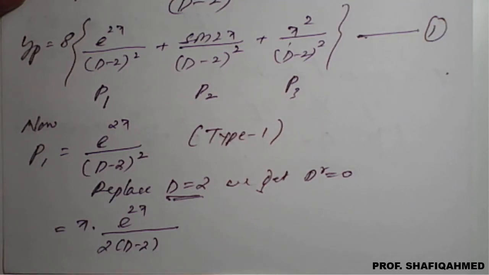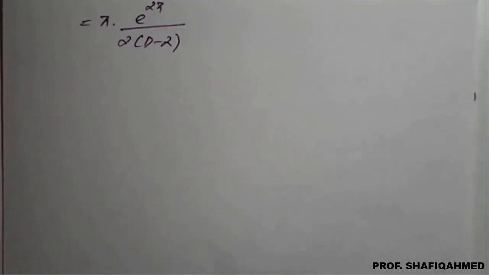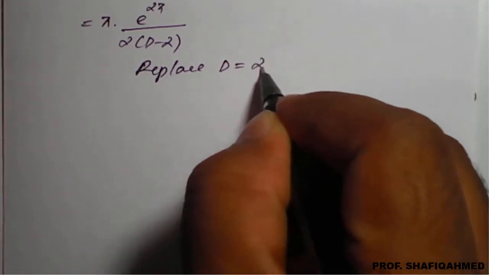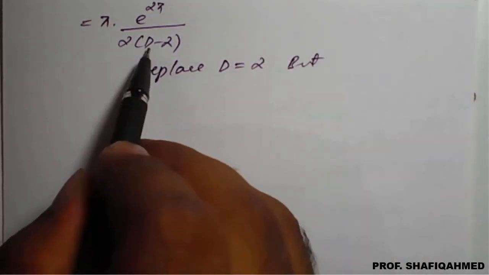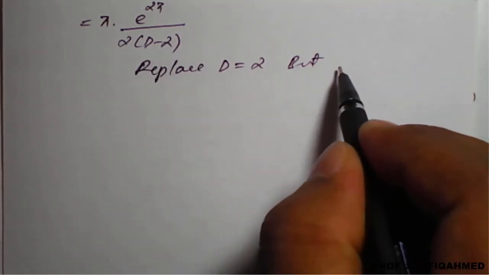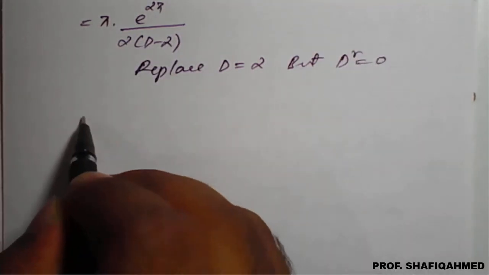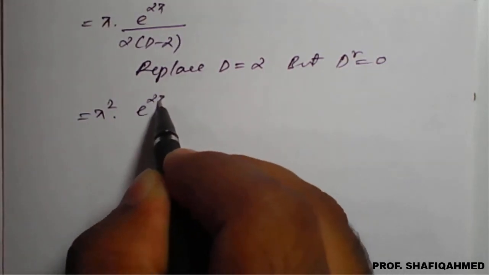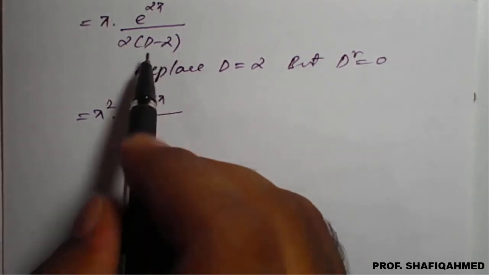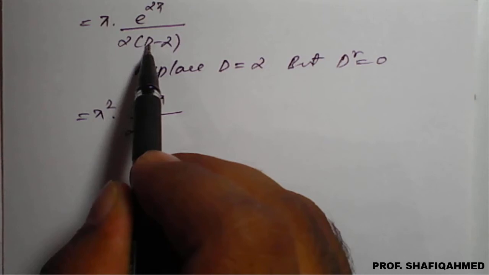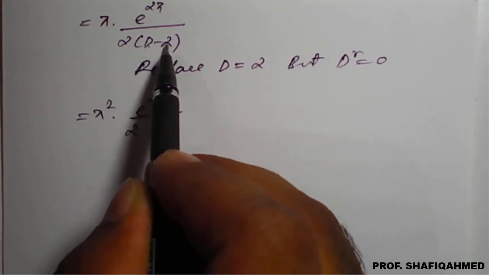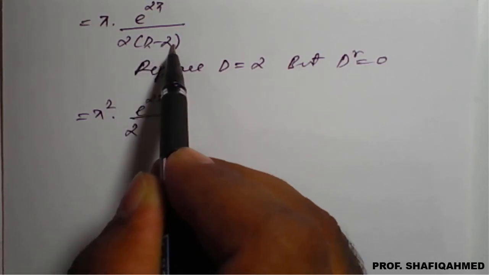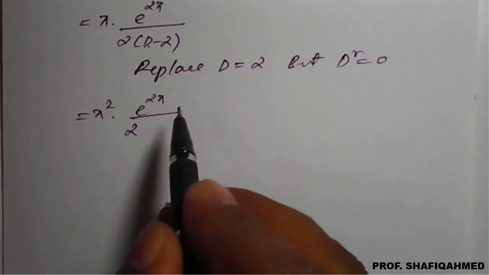So I will write the statement here. Replace D equal to 2, but 2 minus 2 is 0, so the denominator is again becoming 0. Therefore multiply one more x, so it becomes x square into e raised to 2x divided by 2, which is a constant, so 2 as it is, since the differentiation of (D minus 2) will be 1.